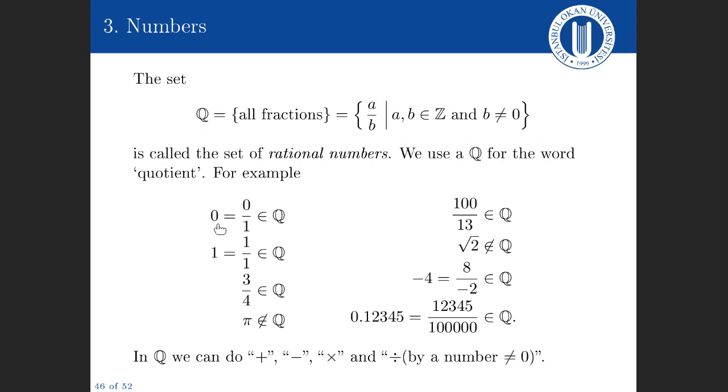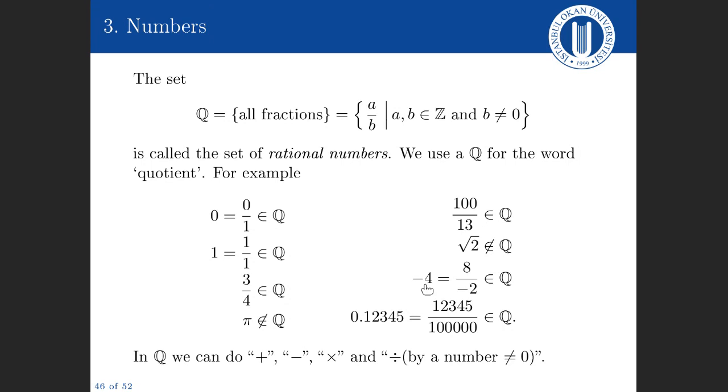For example, 0 is a rational number because we could write 0 equal to 0 divided by 1. Likewise, 1 is a rational number. 3 divided by 4 is a rational number. 100 divided by 13 is a rational number.